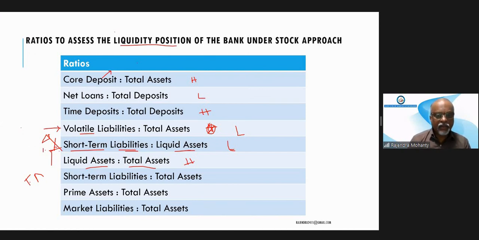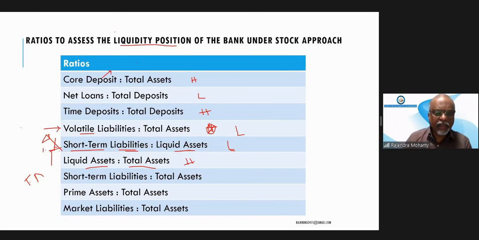For example, the total asset is 100 rupees, out of which 30 is the liquid asset. What is the ratio? 3:10.